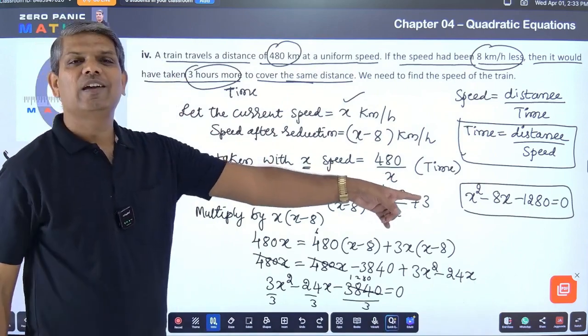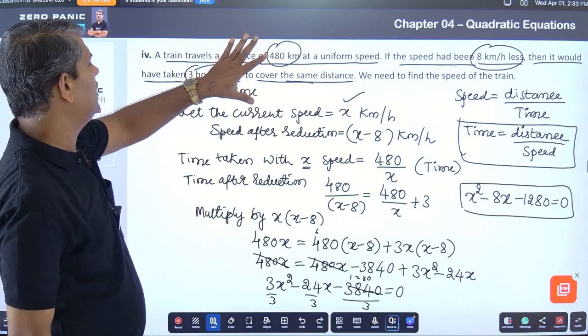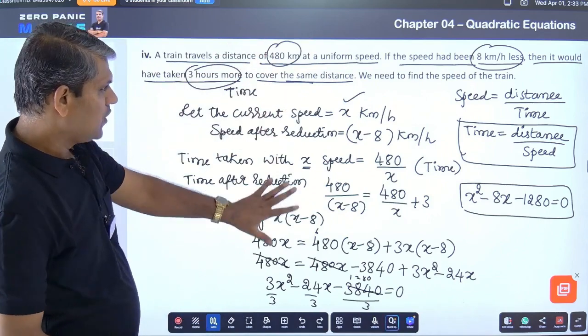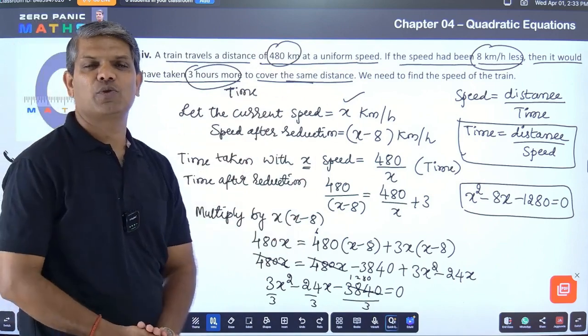That is the final equation that depicts this situation. Hope you didn't get any confusion here.